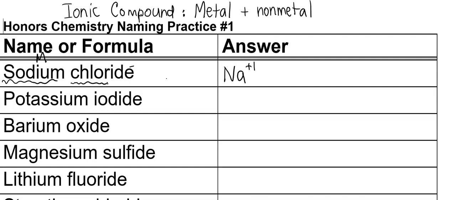So the formula name of that, you'll notice that the ending has been dropped and ide has been added. The ending would have been chlorine. So chlorine, I'll write a Cl. Chlorine is found in the 17th group. Going down, it's got 7 electrons, needs 1 more, so it's a negative 1. This is a nonmetal. So I'll put N on the top.